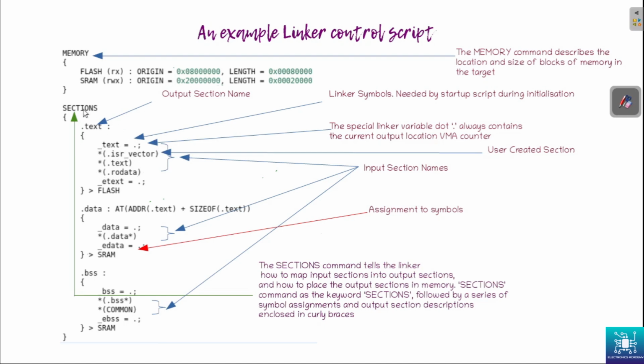Since the VMA and the LMA diverge, the difference between them is maintained, and the assignment for the next section happens accordingly, provided we don't put another at for the BSS section and wish to move the BSS into some other memory location.